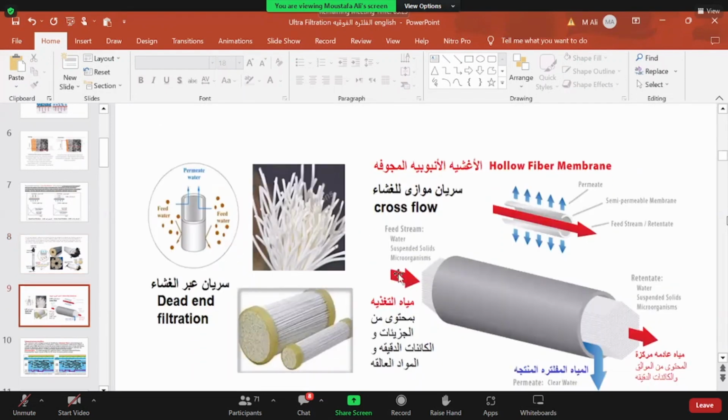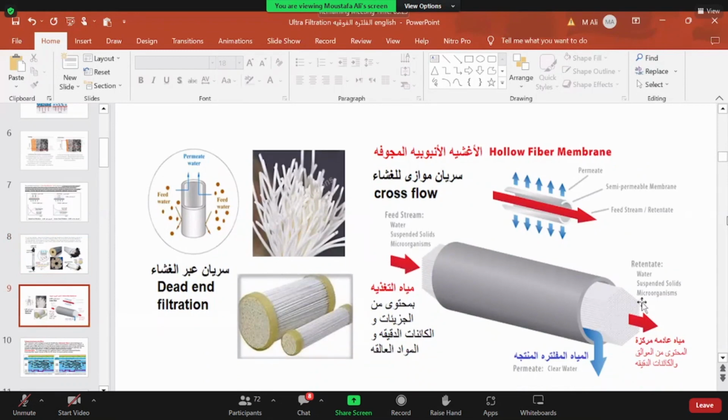Here also we can see the hollow fiber membranes. This is the feed water outside, which means cross-flow filtration. We can see the permeation around the fiber itself. It is closed or sealed from both sides to allow the feed water from one side and the retentate from the other side, so the filtrate is not contaminated with the feed water pollutants or contaminants.